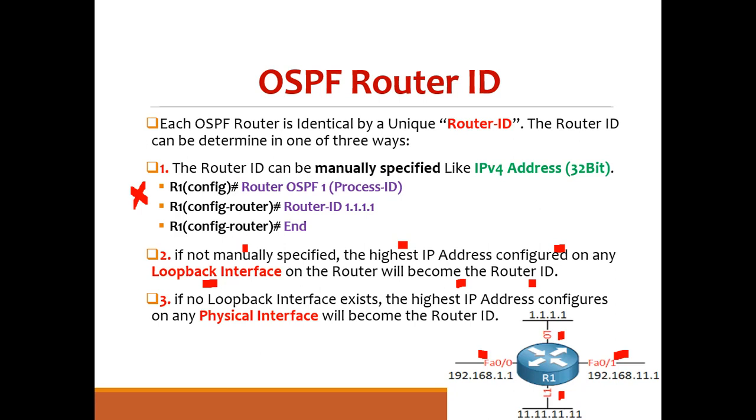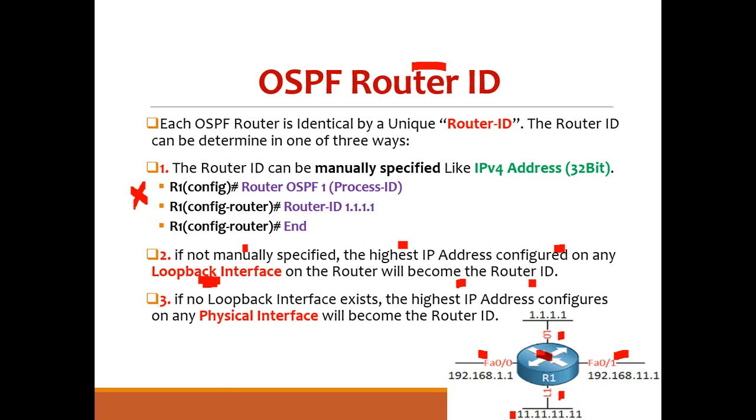In the second method it is the highest IP address configured on the loopback interface. Here I have 2 loopbacks, so 11.11.11.11 is the highest IP address configured on a loopback interface on this router. So 11.11.11.11 will be considered the router ID for this router 1.